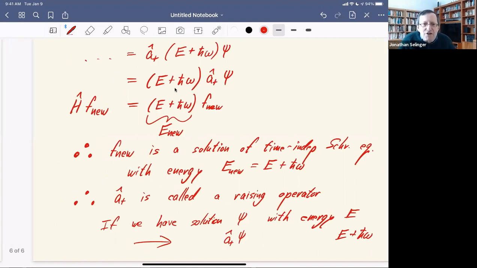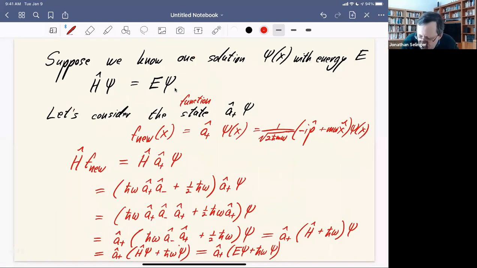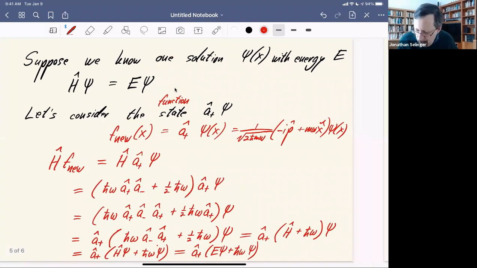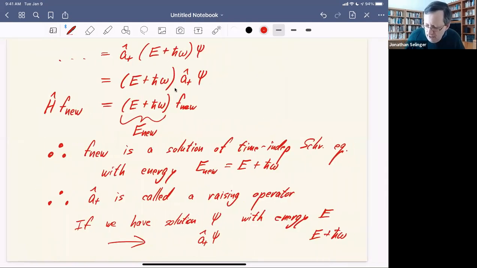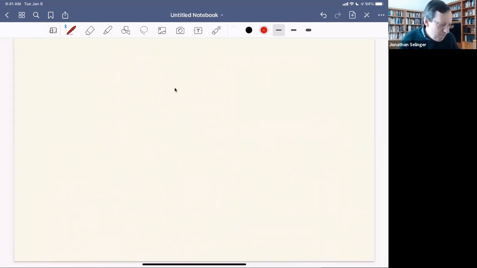Let's find out, okay? So let's go back and repeat this calculation with A minus, and again, I'll do it a little bit more quickly because it's very similar to the way I did it before.